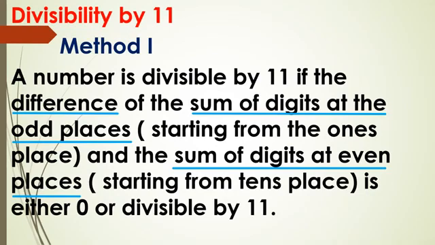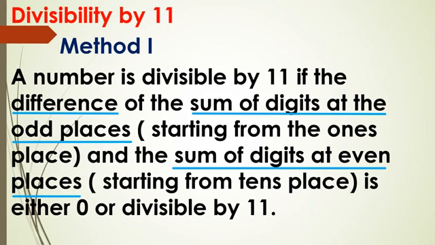So first of all you have to find out the sum of digits at odd places, just like ones, 100, 10,000. These are odd places, starting from the ones place.